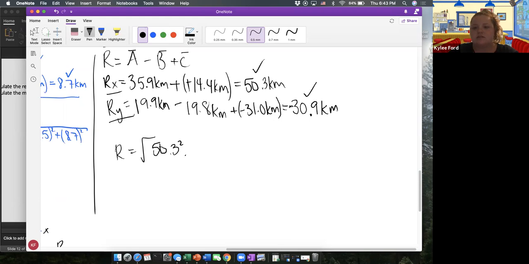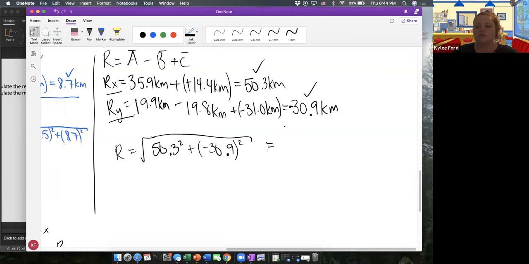Sorry about that. Plus our negative 30.9 squared. And remember, when it's a negative times a negative, you get a positive. So the minus doesn't really matter right now, but it will when we're trying to figure out our angle.